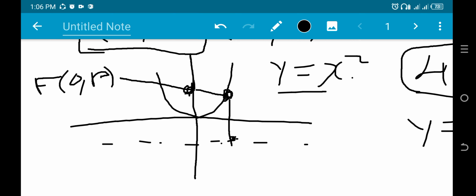So we can see clearly now that this point is an arbitrary point on the curve of the parabola. Then that point has an x coordinate and a y coordinate.